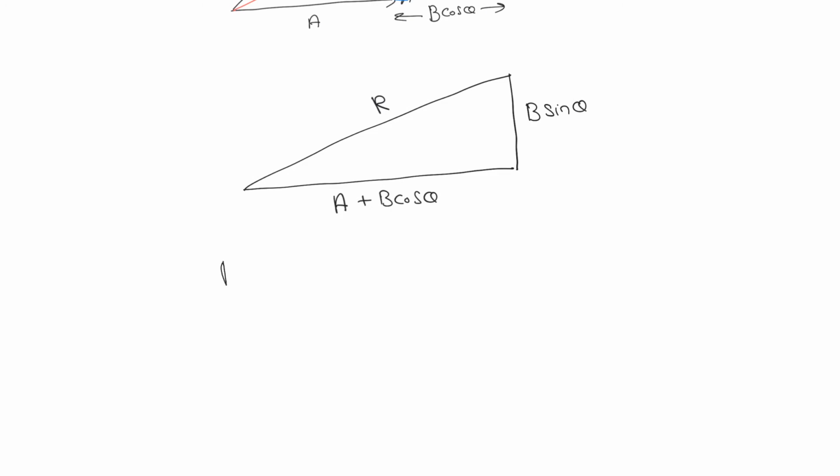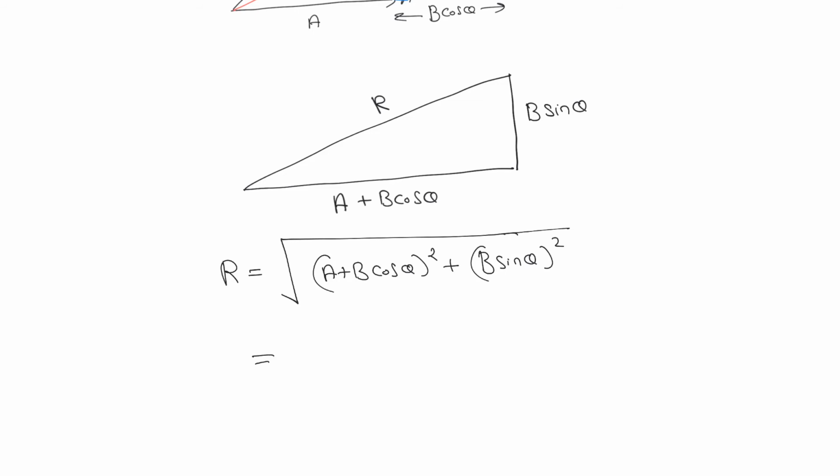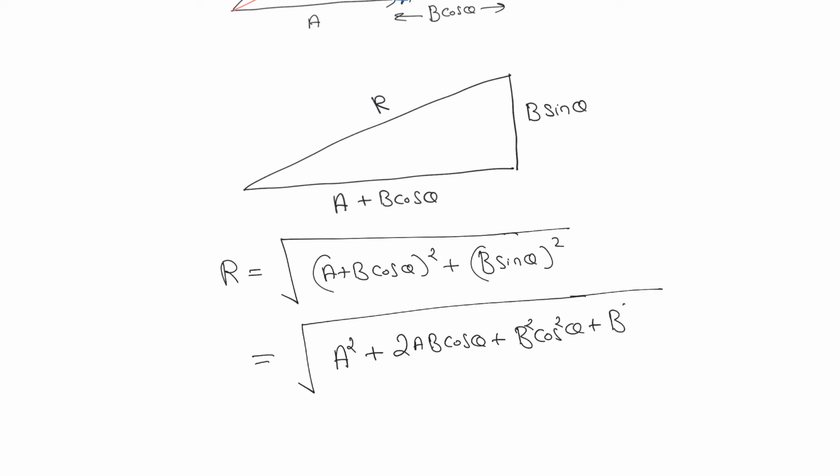So we can find the value of r by using the Pythagoras theorem, that is r is equal to under root of (a plus b cos theta) the whole square plus (b sin theta) the whole square. So this is equal to under root of a square plus 2ab cos theta plus b square cos square theta plus b square sin square theta.